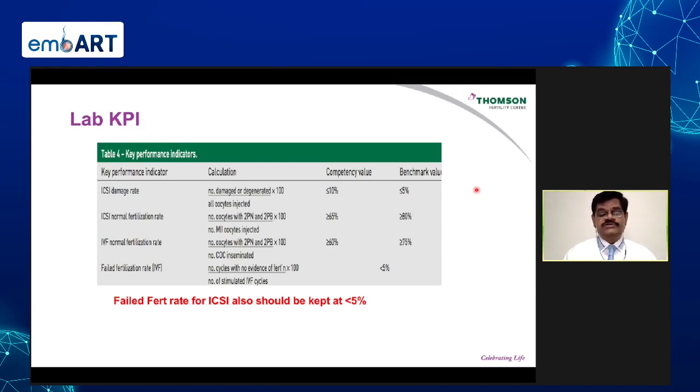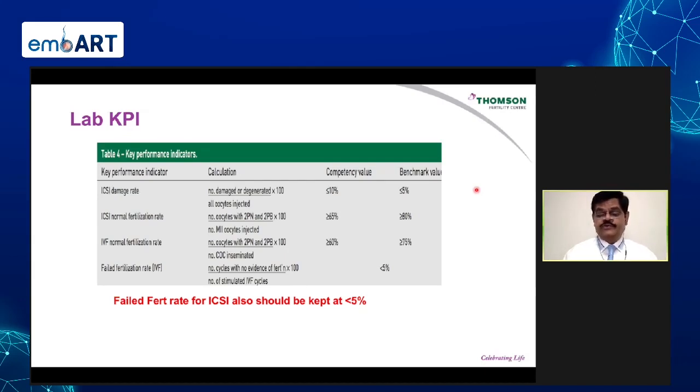And when it comes to ICSI normal fertilization rate, we calculate it as number of oocytes with 2 PN. I don't want to focus on 2 PB because sometimes the PB can be fragmented and difficult to count. So I'd like to look at it as number of oocytes with 2 PN upon number of M2 oocytes injected. If you achieve 65% or more, then you are competent, right? You're good enough.